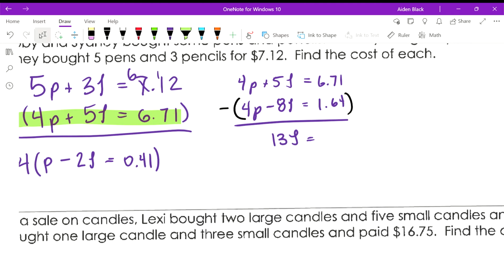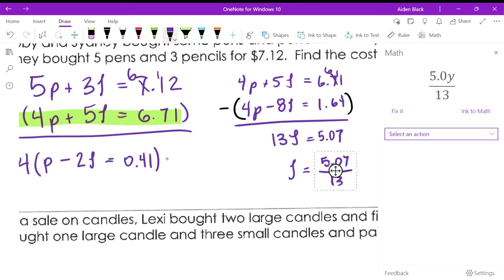And then 671 minus 164, this would be 6, get a 7, this would be 0, and this would be 5. So finally, to find out how much a pencil costs, I can do 507 divided by 13.